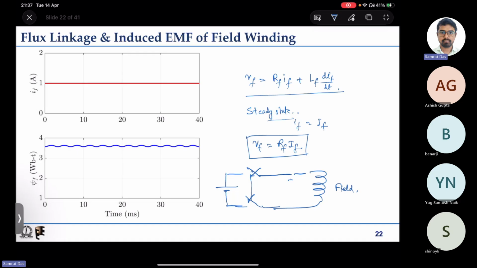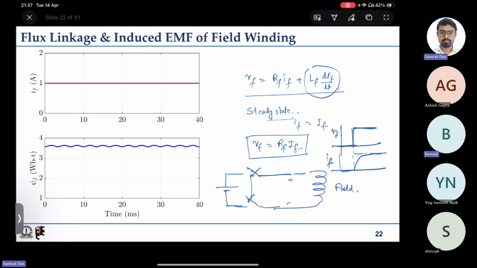Then the voltage applied across this winding will have a step jump, something like this. So obviously the current will not immediately rise, it will take some time. That modeling will come from here.